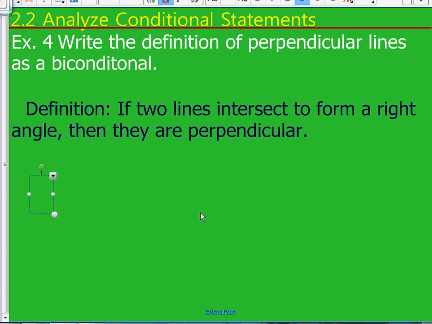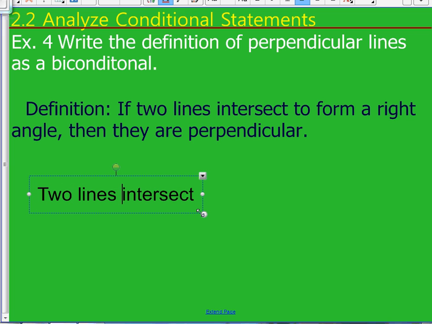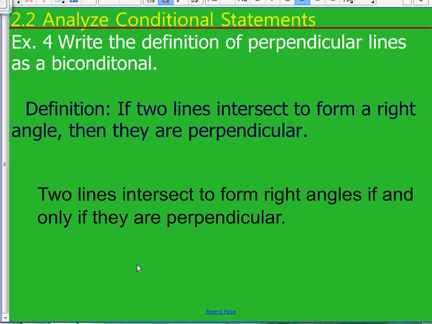We could say, two lines intersect to form right angles if and only if they are perpendicular. All right. So that is a very simple way of taking a definition and turning it into a biconditional.